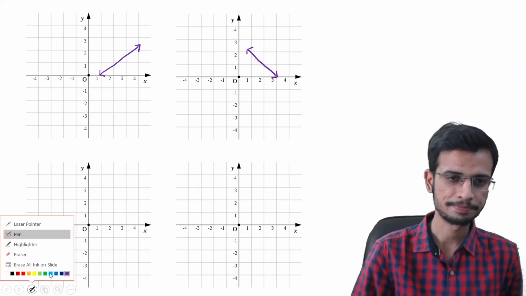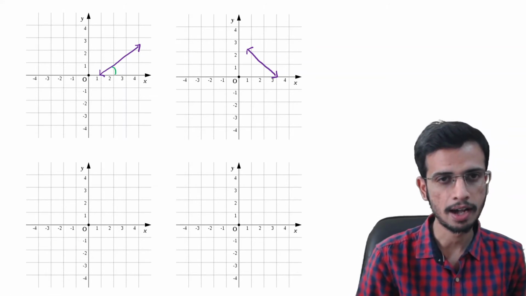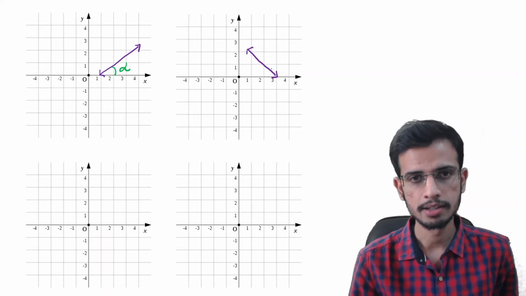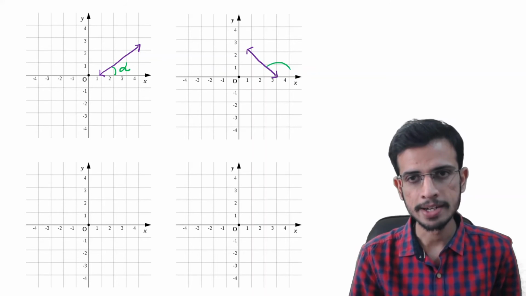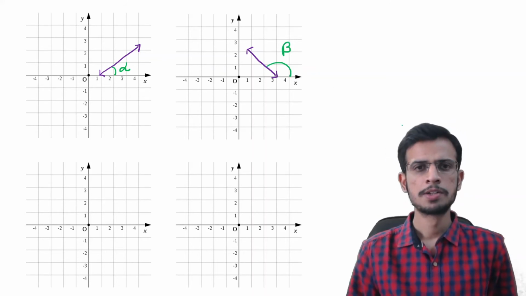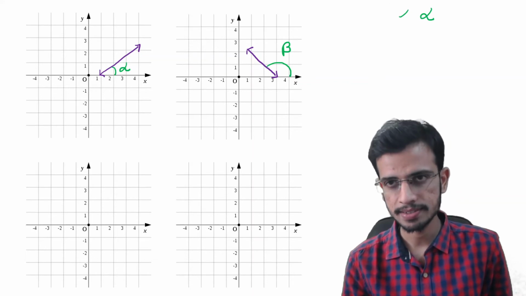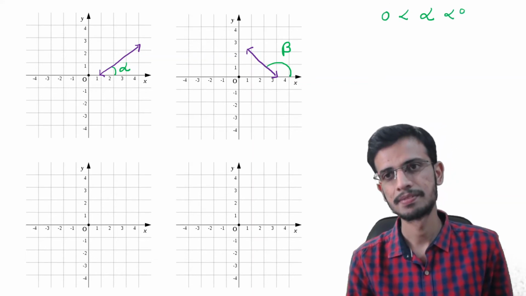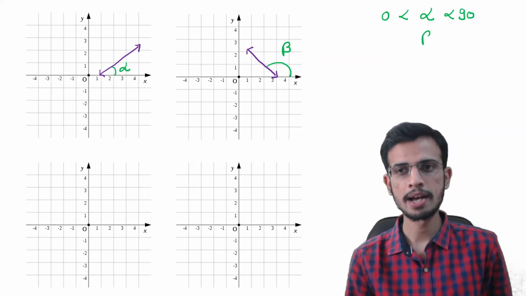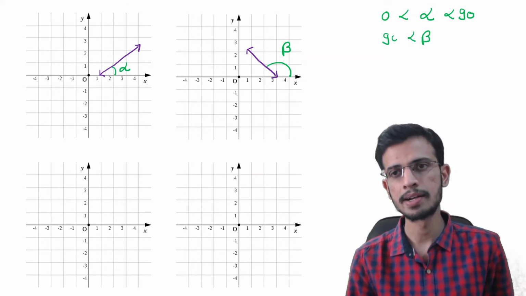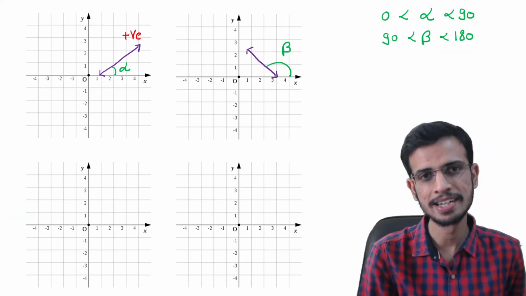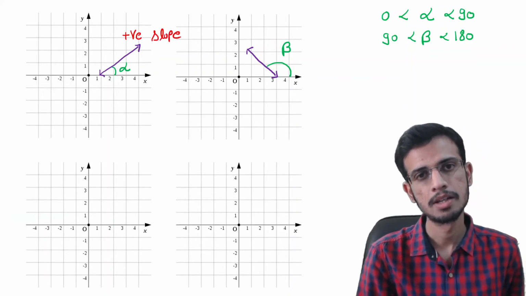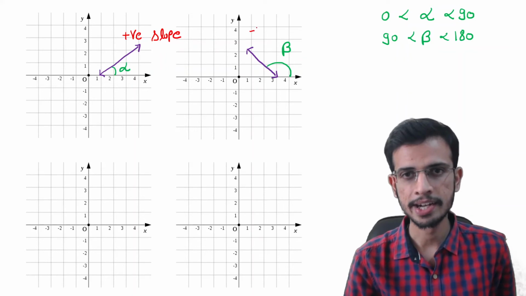In this case, if I take this as alpha, we have to consider the angle with the positive x-axis only. This angle will become beta, right? So we can definitely say alpha is in this range, and for beta we can say it is greater than 90 but less than 180. So this line is having positive slope, and this line is having negative slope.